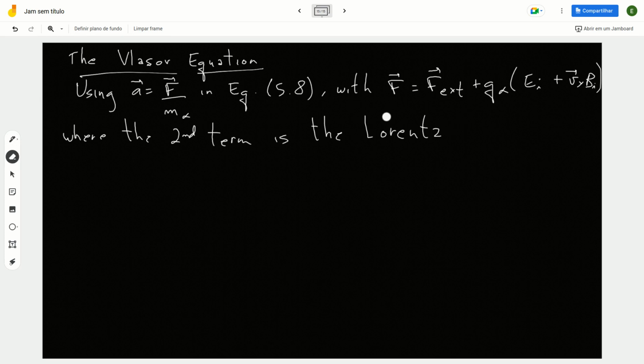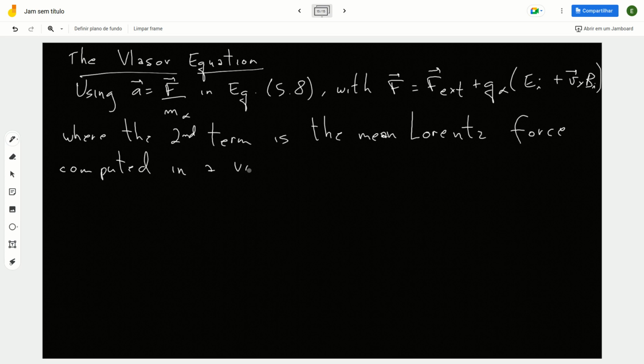Let's say the mean Lorentz force computed in a volume element. All right, therefore, if you use it like this, you can write the Boltzmann equation in this form.